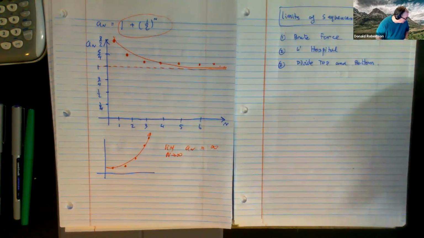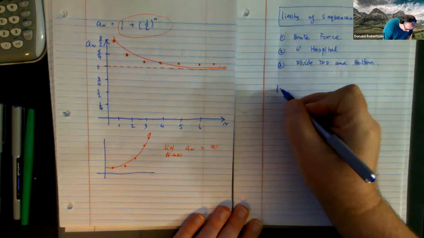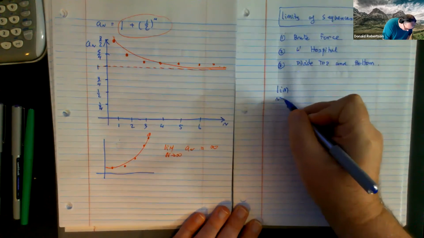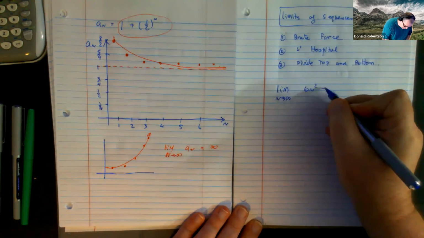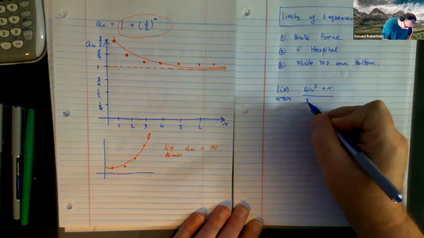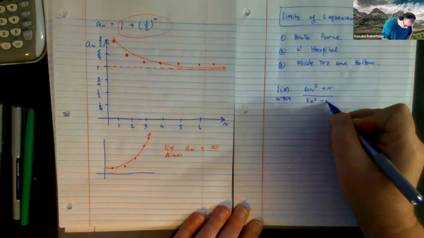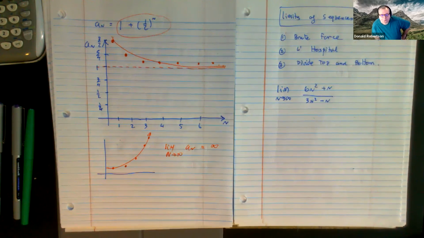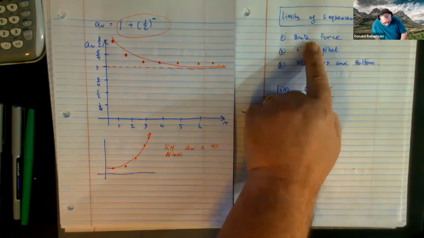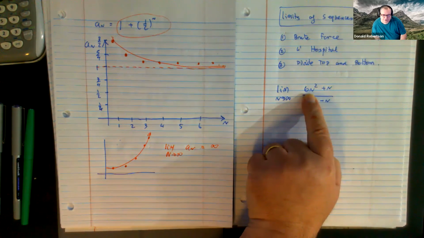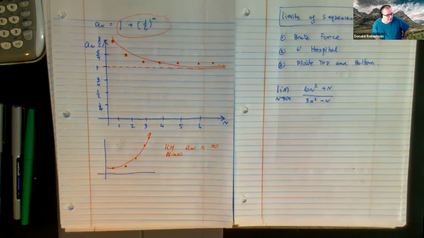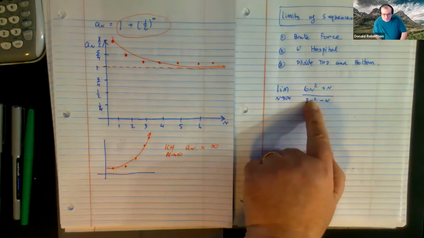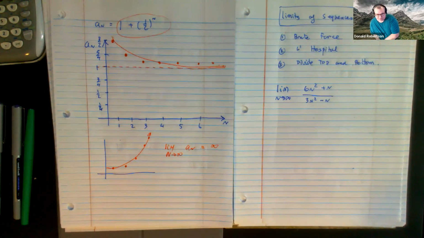So if I asked you to find the limit of this sequence in front of me, brute force would not work here. If I did this, you can trust me the answer is infinity over infinity, and we don't know what that is. What technique would you use to find this limit?